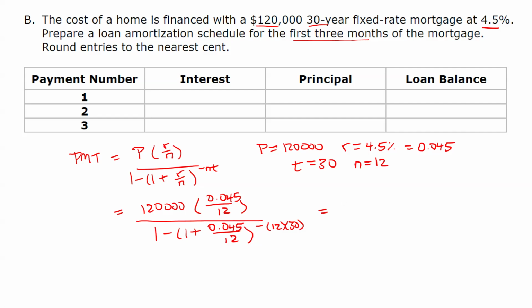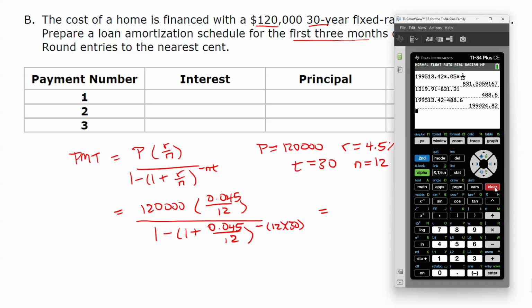Okay, so let's enter that into our calculator. I'm going to clear this. So we have 12. Okay, parentheses, fraction divided by 12. We go to the denominator. Fraction, and then negative 12 times 30.